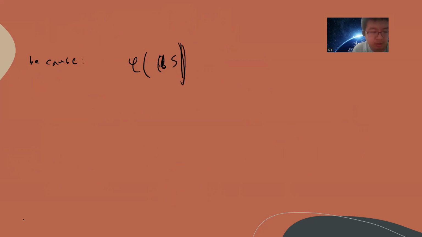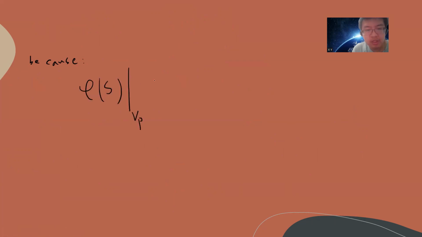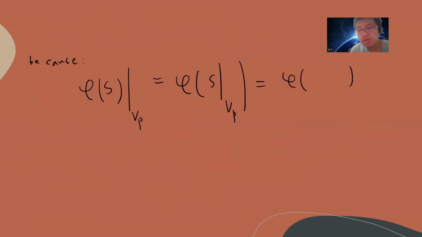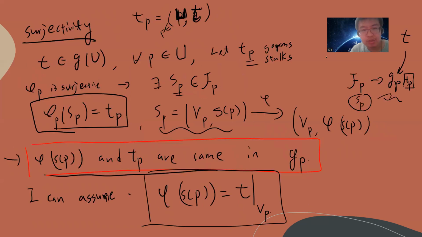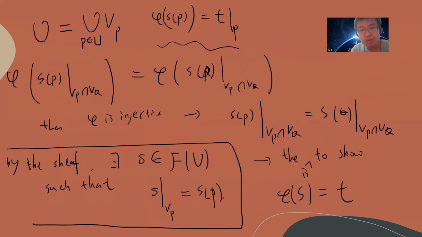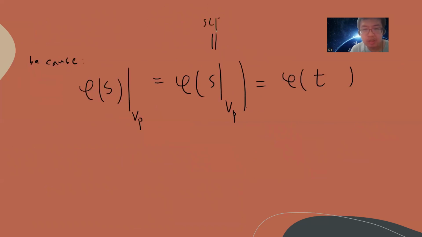Phi of S restricted to V_P, by the commutative diagram, is the same as phi of S restricted to V_P, and this is just phi of S_P, so it's T restricted to V_P, because this is S_P.